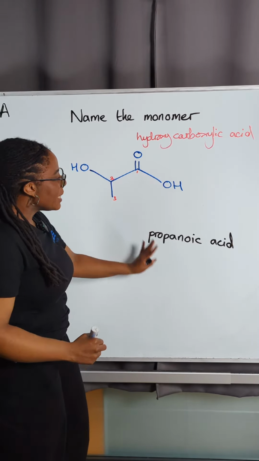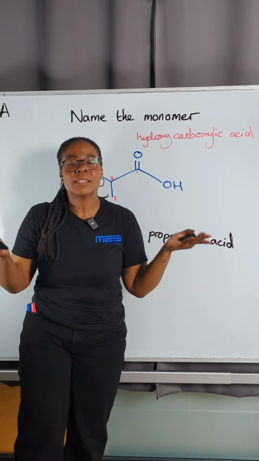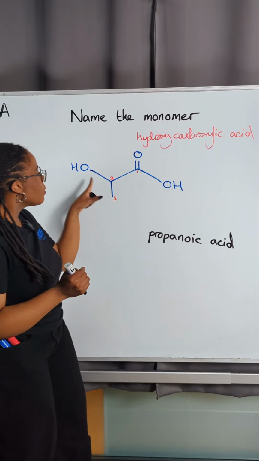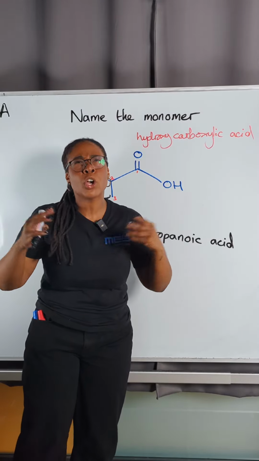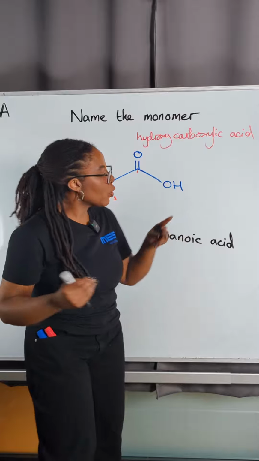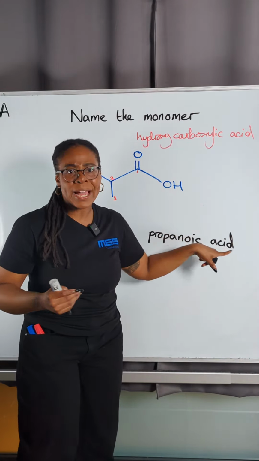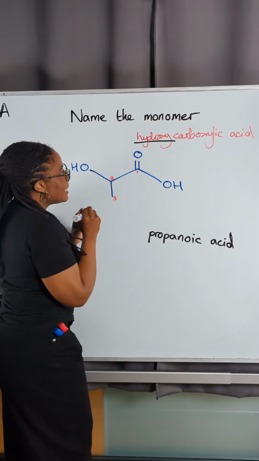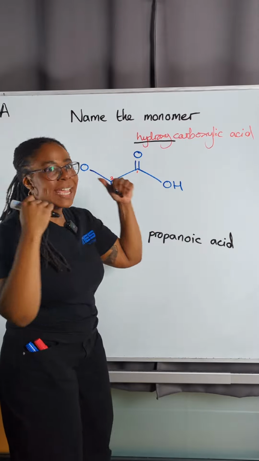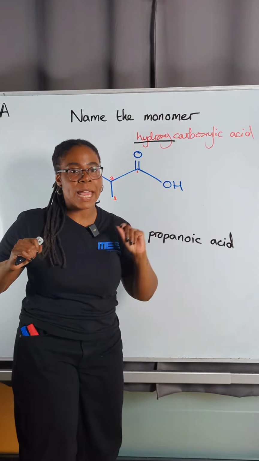Now, as already alluded to within the name, the acid at the end of the name has the higher priority, which means when it comes to this group here, the OH, we're not going to give it the ending ol. We're not going to call it propanoic acid ol or propanoloic acid or something like that. Instead, as we can see in the base name, when it's relegated to a prefix, it becomes hydroxy instead of ol if it was the ending.